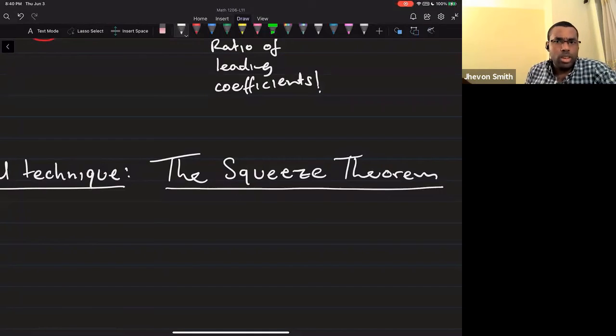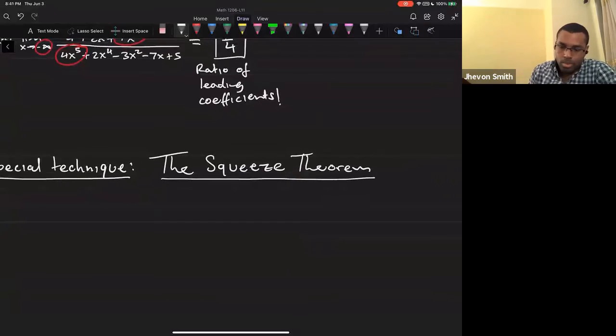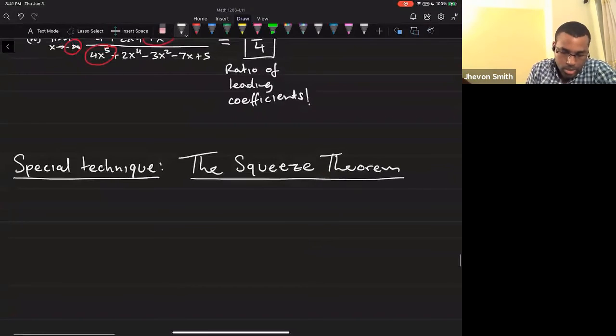So there's a nice little theorem called the Squeeze Theorem. And it's essentially a theorem that tells us we can determine the answer of something by squeezing it between 2 other things, where those 2 other things actually approach the same thing. So here's what the Squeeze Theorem says.